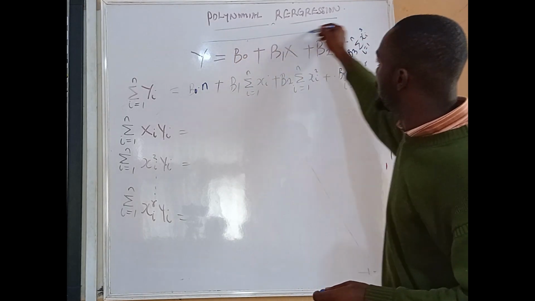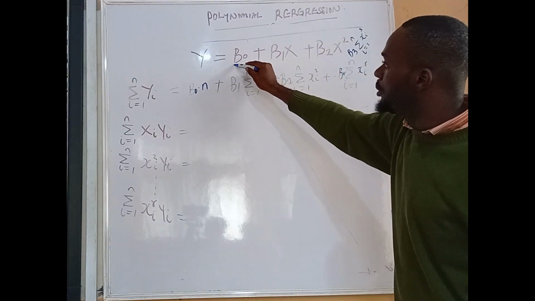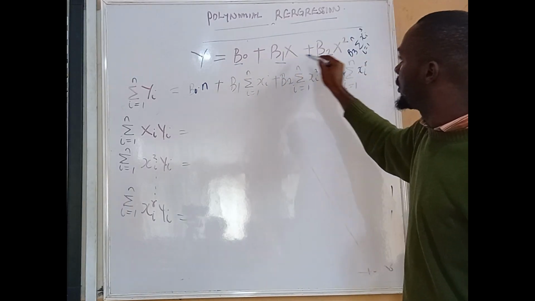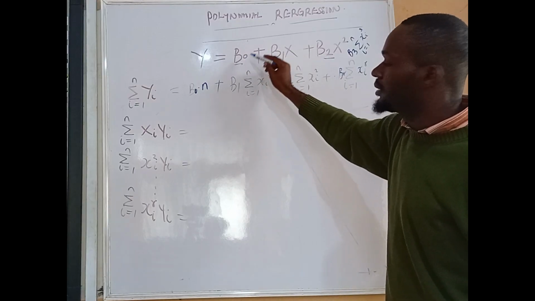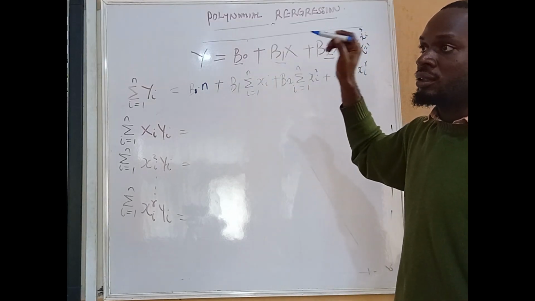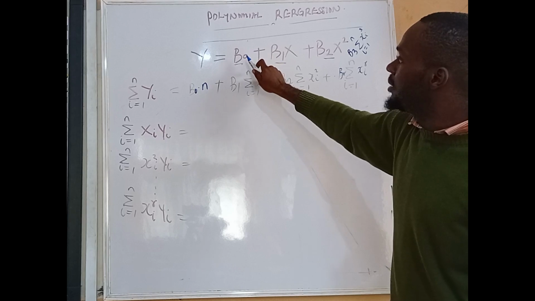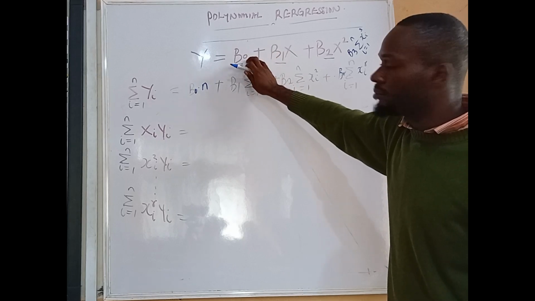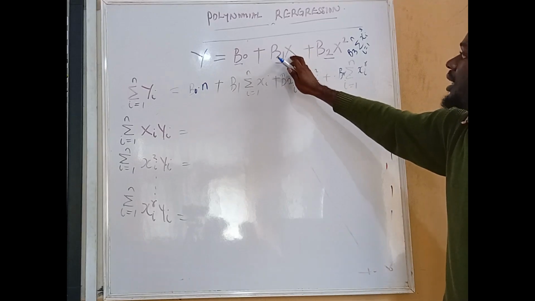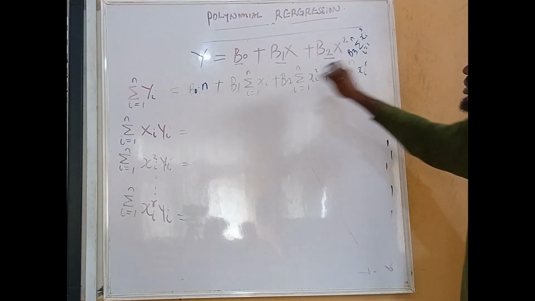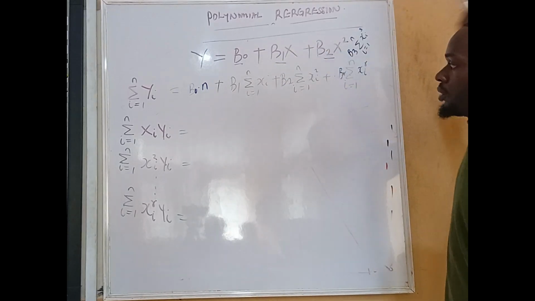See this equation now. Start from b naught, b1, b2. See that the s in the first one, for the first variable there's no s, then the s now increases from 1 to 2.